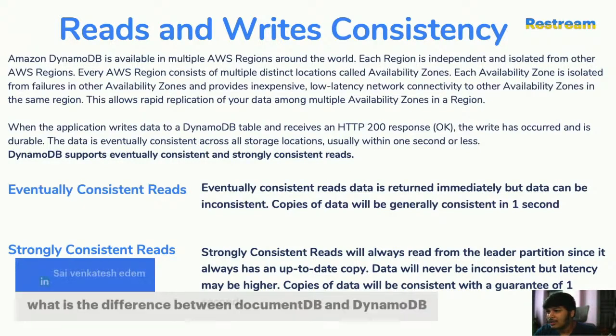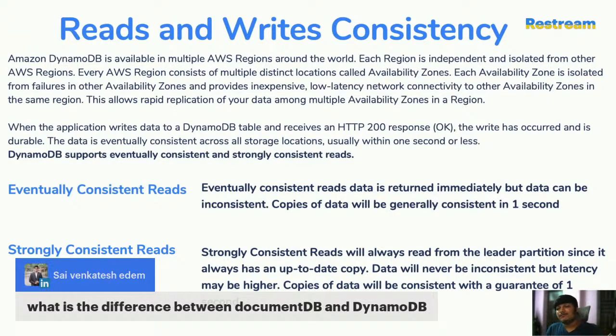One question is: what is the difference between DocumentDB and DynamoDB? See, DocumentDB is actually a fork of MongoDB. Suppose you have MongoDB and you want to migrate to AWS and use a managed MongoDB kind of solution. DocumentDB is that for you.